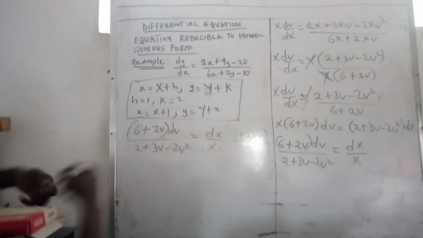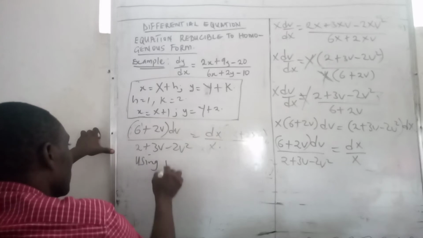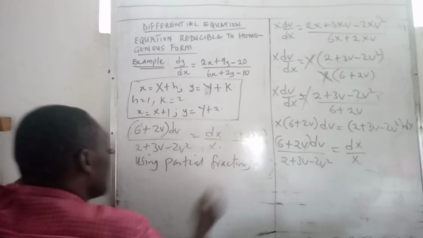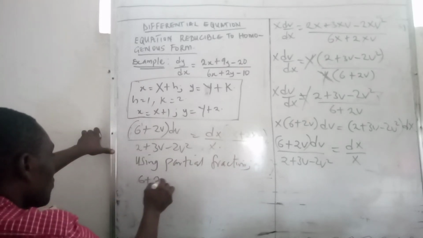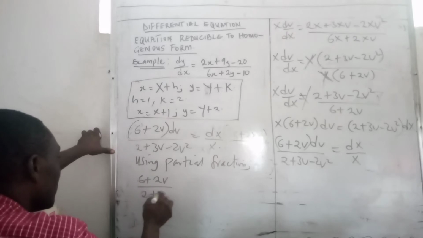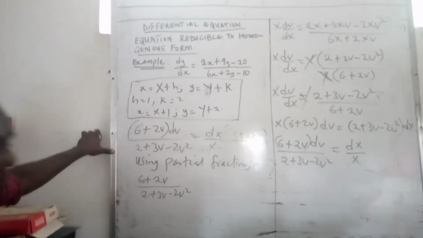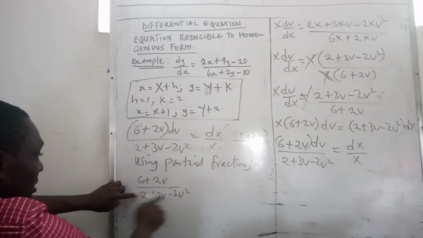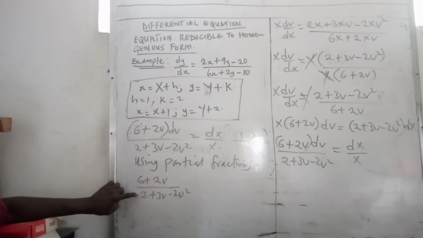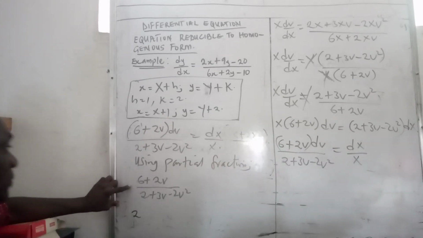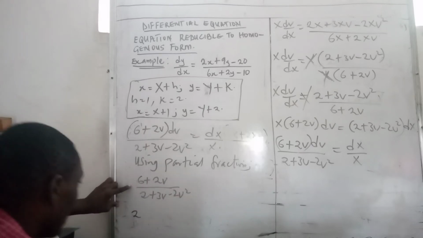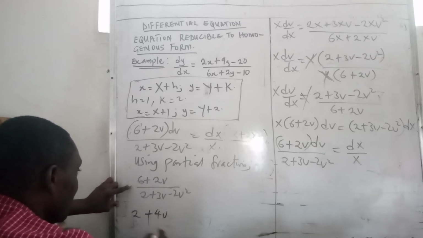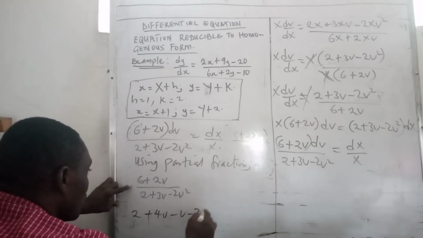So using partial fractions, I'm going to have this 6 plus 2v all over 2 plus 3v minus 2v squared. Now we have to factorize this. So I'm going to have 2 plus 4v minus v minus 2v squared.